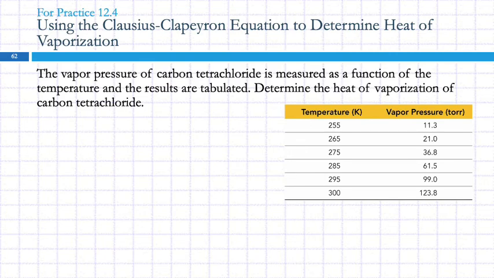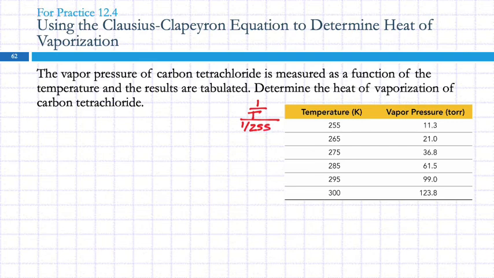This is not the kind of question I'd give you on an exam, because you need a computer or a really fancy graphing calculator to do it, because you have to graph this stuff. So what you would do is, here we have the temperature. You're going to calculate the inverse of the temperature. So this is 1 over 255.